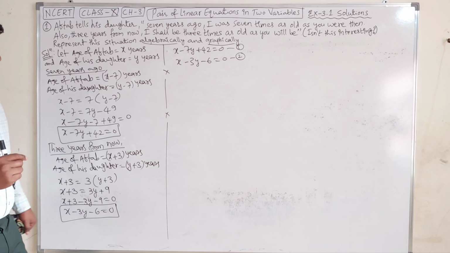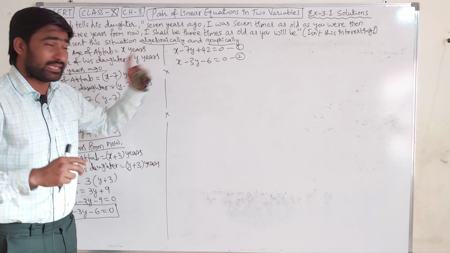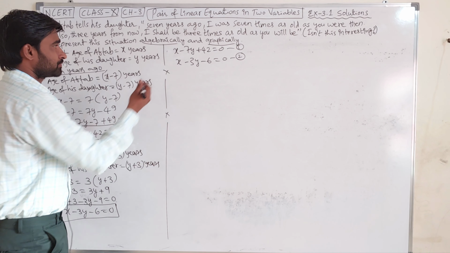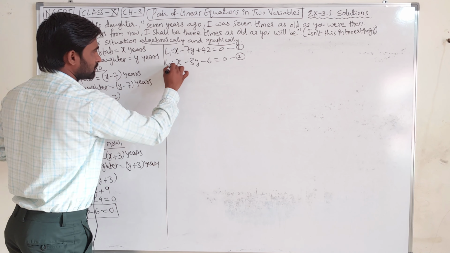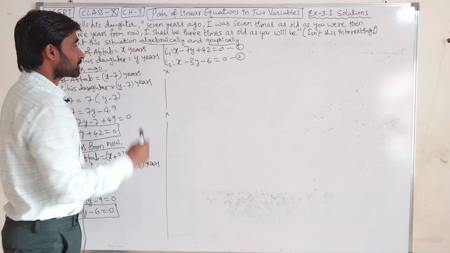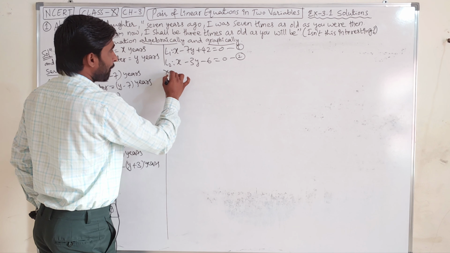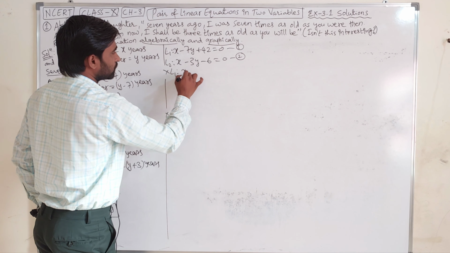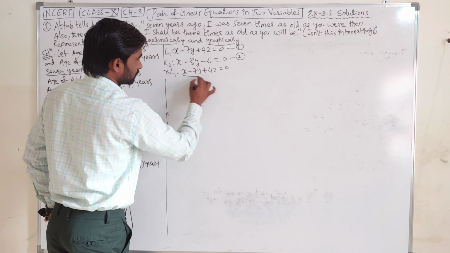For the graphical representation, we need at least 2 solutions for each equation. So let us take this as line 1, L1, and this one as line 2. Now we will find two solutions for each line. First L1, x minus 7y plus 42 equal to 0.